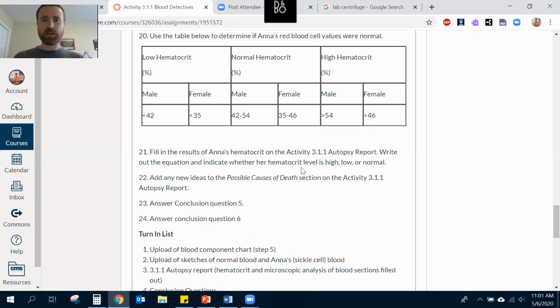If somebody has normal hematocrit, they're just considered normal. If somebody has high hematocrit, we call that polycythemia. And if somebody has low hematocrit, we call it anemia. So low hematocrit is called anemia. Normal is just normal. There's no special name for it. And high is called polycythemia.